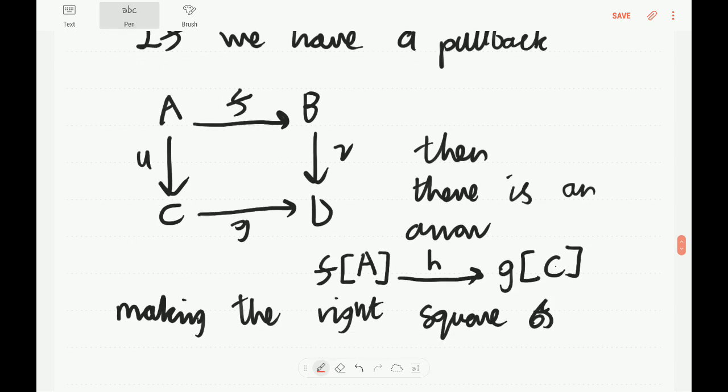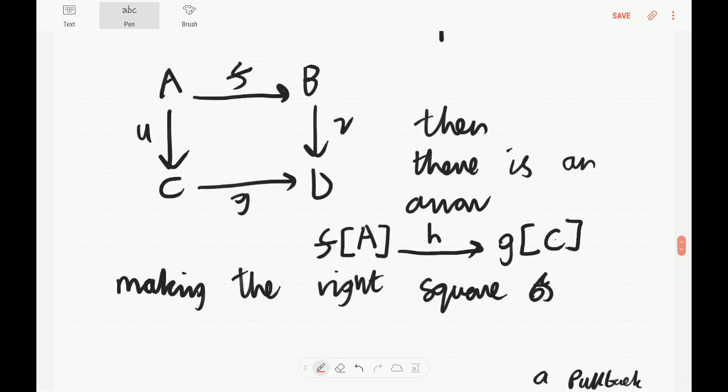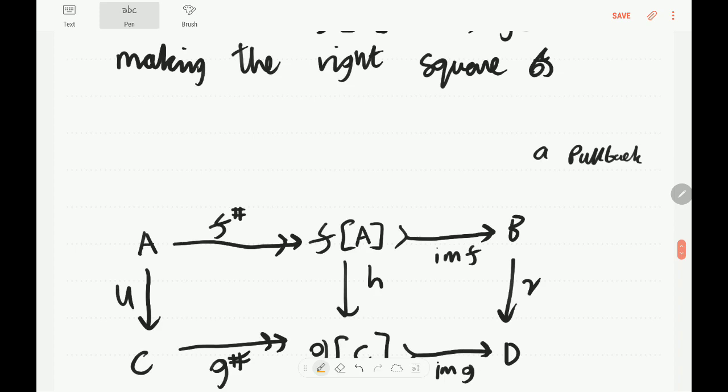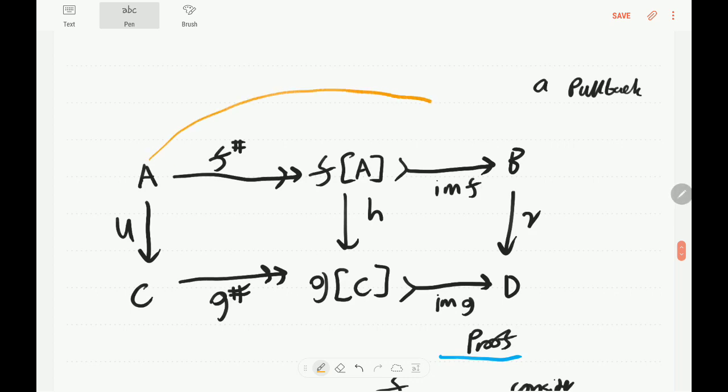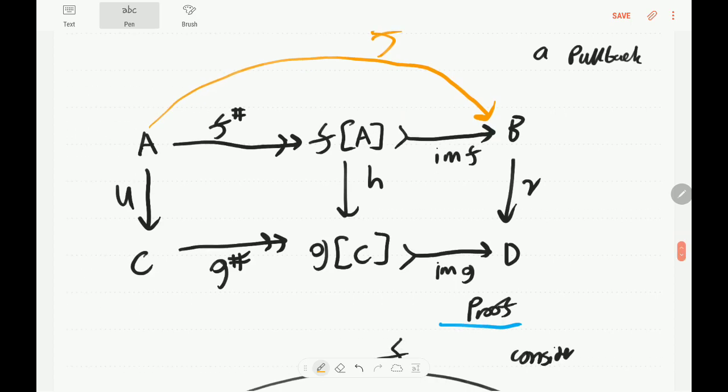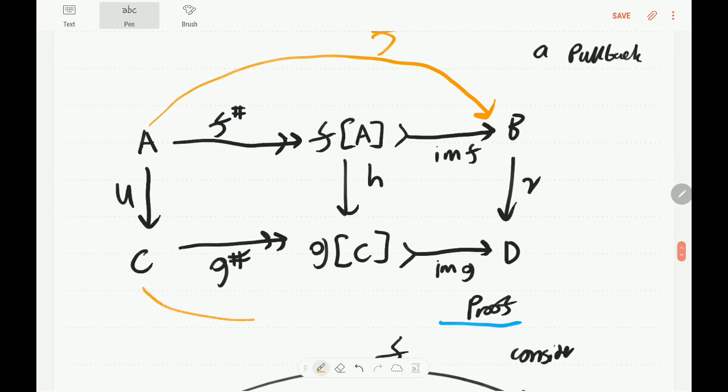If we have a pullback like this, so we have arrows V and F and arrows G and U, then if we do the epi-mono factorizations, for example, we factorize F, we write it as IMF after F hash, and we write G as IMG after G hash.